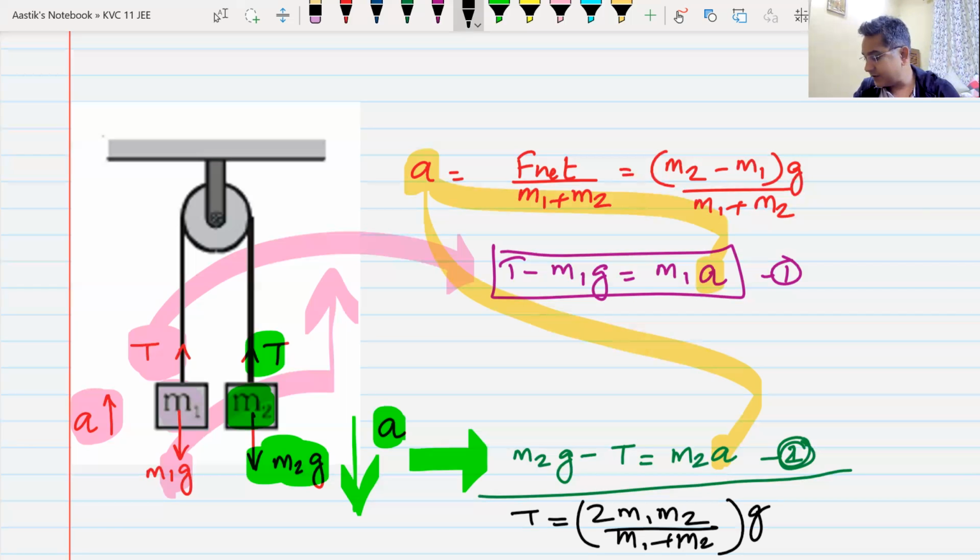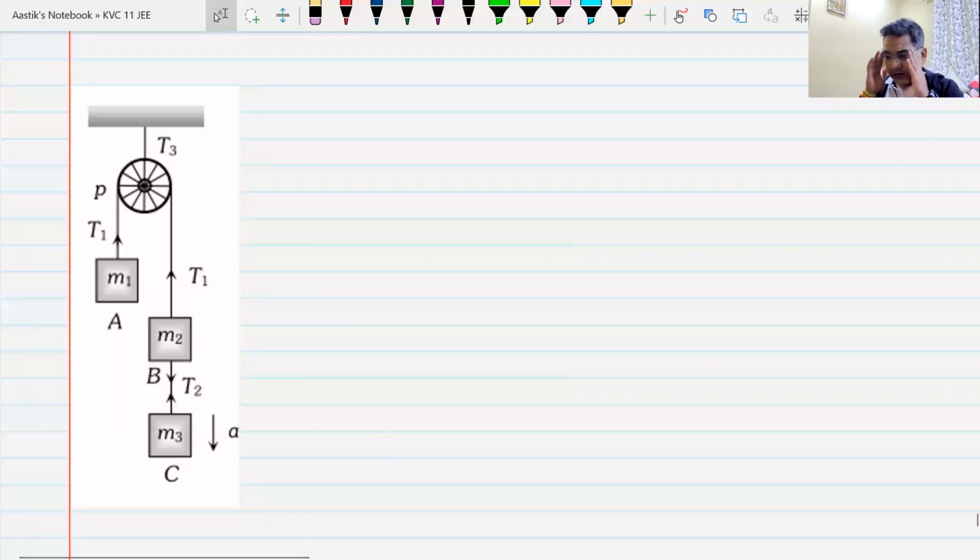And the next diagram is like this. Here it is given that this side is going down. That means M2 plus M3 would be more than M1. As you can see here, there are 3 strings.